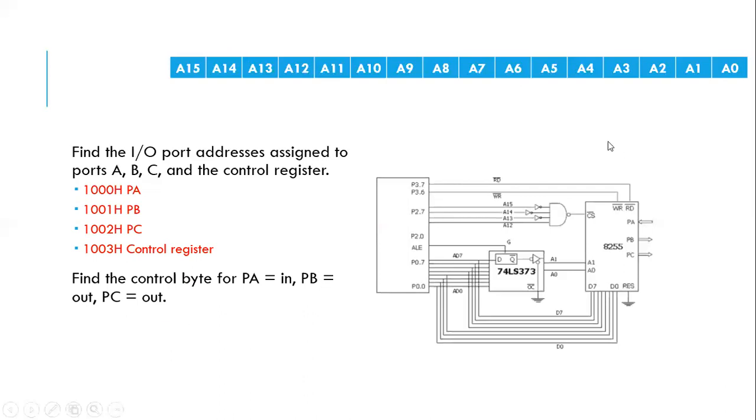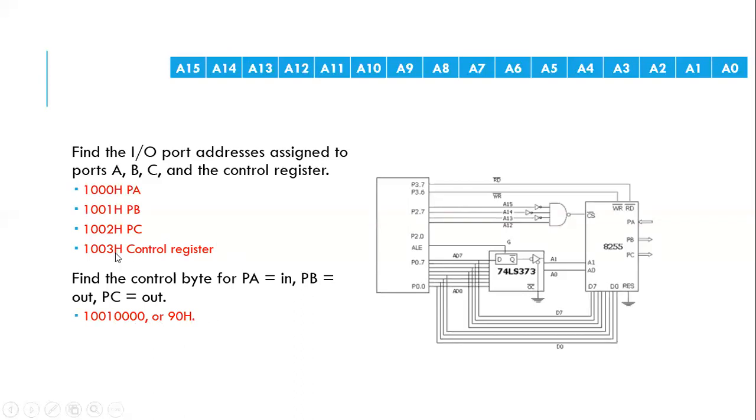So if you work it out with the control word register, D7 to D0, the first bit is going to be your mode bit, so that will be 1, and the other bits are set according to the port modes. If you look at the workout, you will get the value 1001 0000, that is 90H, the value that we are supposed to pass into the control register.